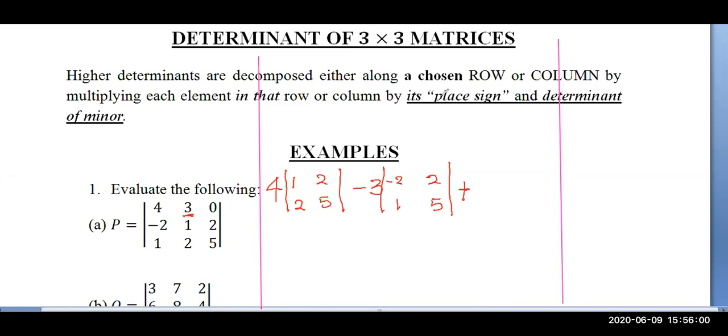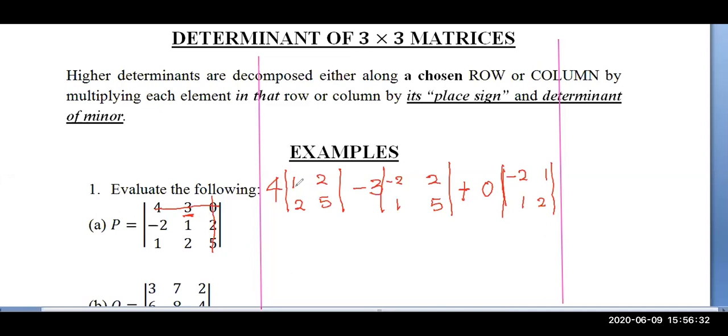The matrix of minor for 0, if I neglect the row and the column of 0, is -2, 1, 1, and 2. So that is it. I have decomposed this 3 by 3 determinant into 2 by 2 determinants having coefficients.